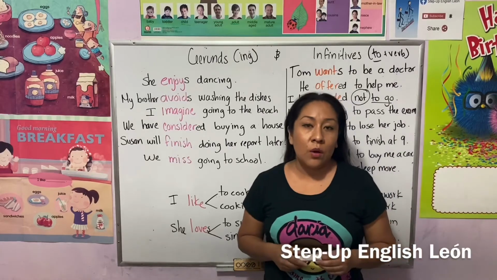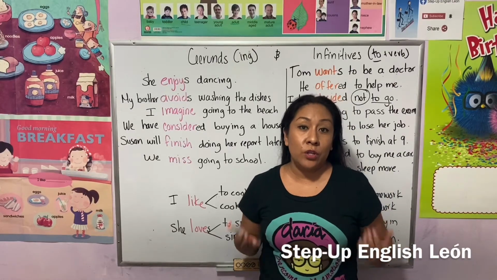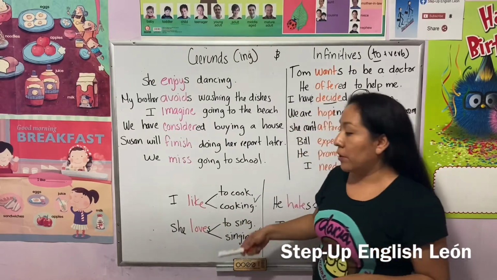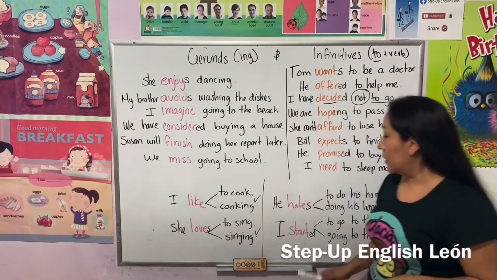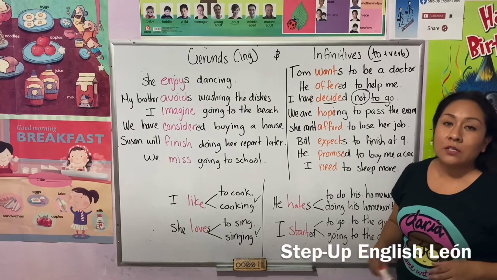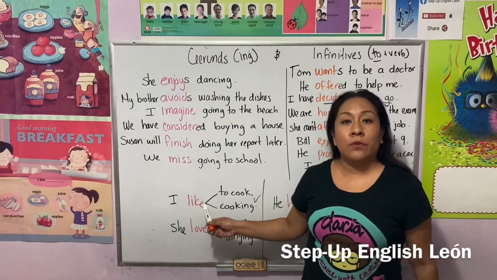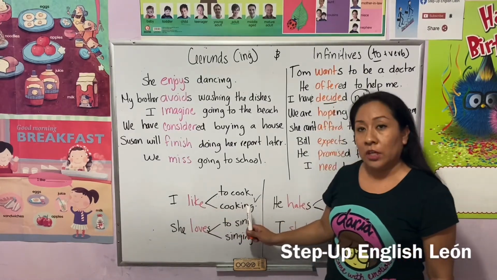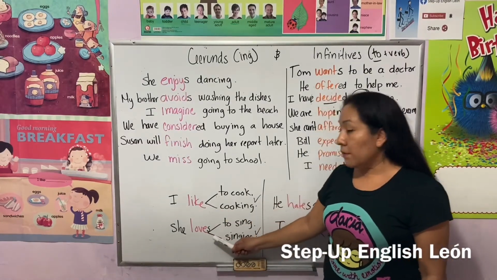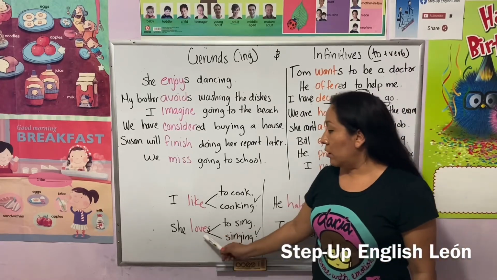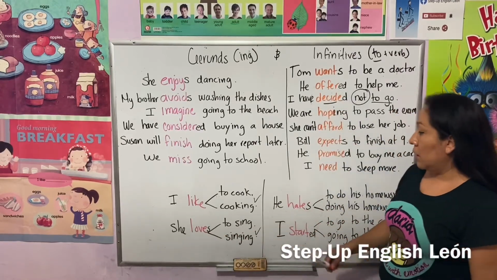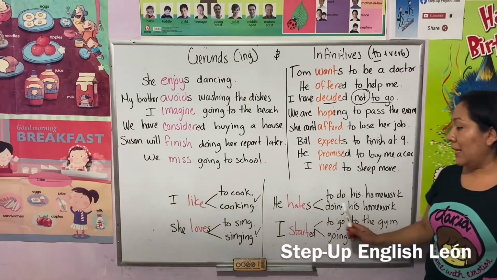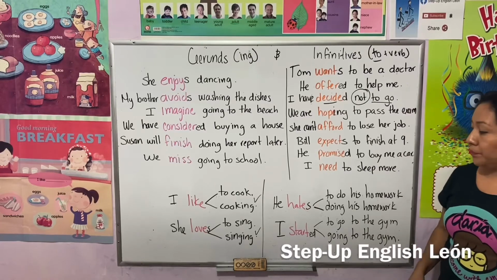There are also other kinds of verbs that you can use with both gerund or infinitive, such as the verbs like, love, hate, and start. If you use a principal verb like, you can say, "I like to cook" or "I like cooking." "She loves to sing" or "she loves singing." "He hates to do his homework" or "he hates doing his homework."